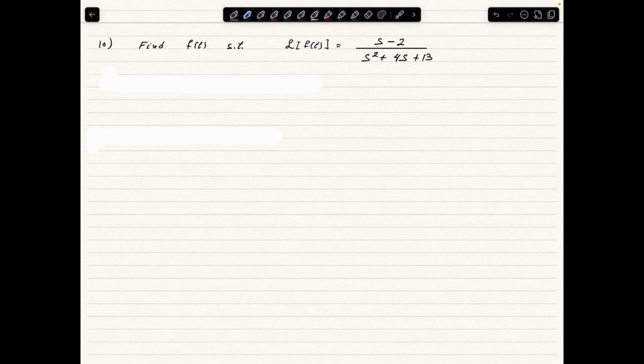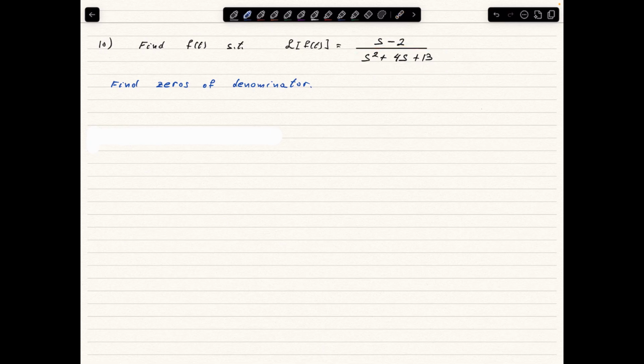In our next problem, we need to find a function f such that the Laplace transform of this function is given by this expression, and as usual we need to start finding the zeros of the denominator so we know what type of partial fraction decomposition we use.